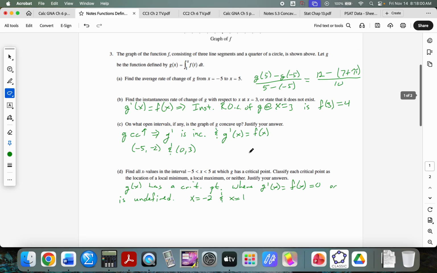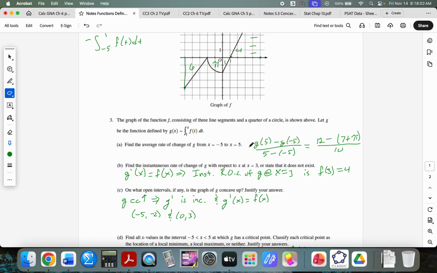All right. At x equals negative 2, remember this is the graph of the derivative, will we have a local minimum, local maximum, or neither? Neither, because it's not 0.